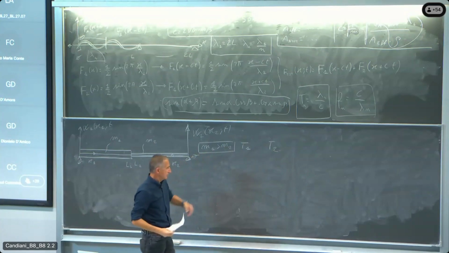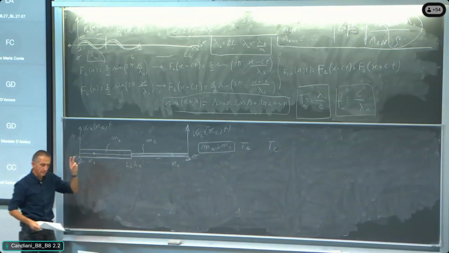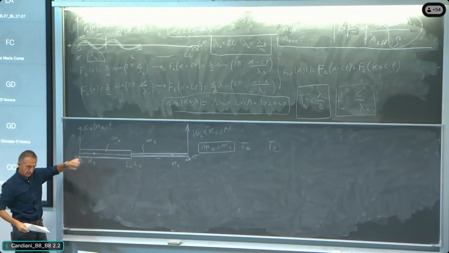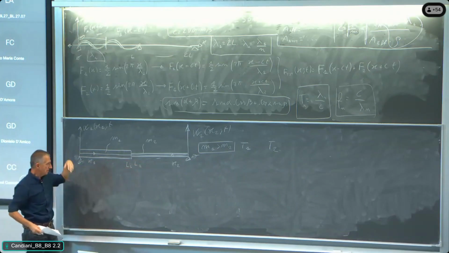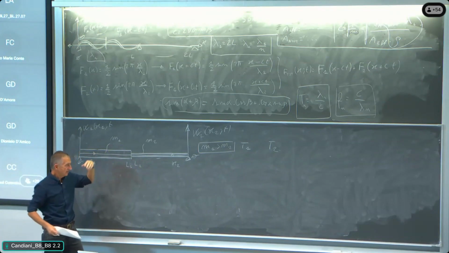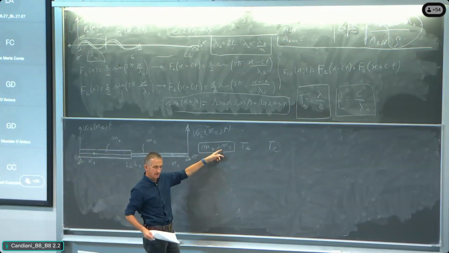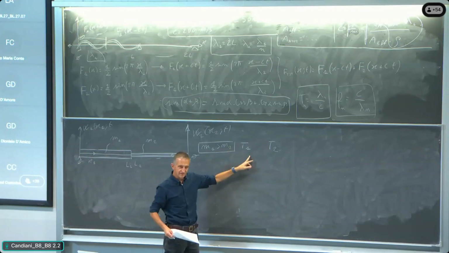This is a cable that is made of two domains: a larger diameter cable and a smaller diameter cable, so a larger mass per unit length here and a lower mass per unit length here. This M1 is larger than M2. T1 is larger than T2?